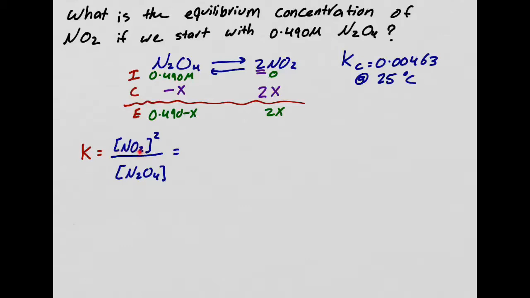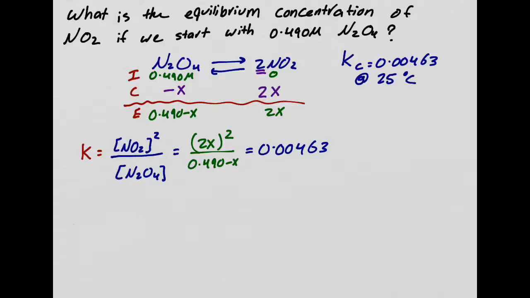Now, NO2 at equilibrium is going to be 2x, again to the power of 2, because 2x is the concentration of NO2, and then I have to do it to the power of 2. Over, what is the concentration of N2O4 at equilibrium? It would be 0.490 minus x, and then we're going to equal it to 0.00463, the equilibrium constant that is given to you. Yeah? Not bad, right? So let's go over it one more time. I'm trying to figure out equilibrium concentration.